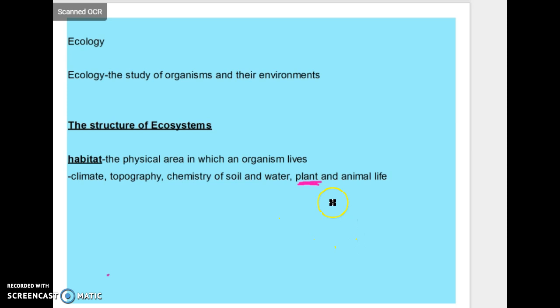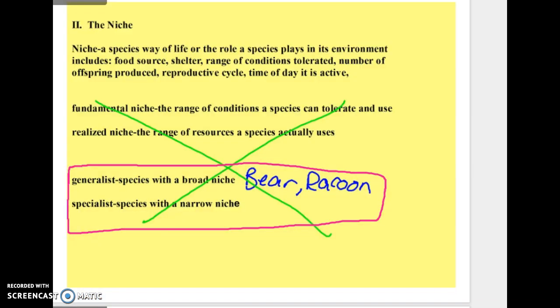And we always tend to lean toward the type of plants found in a particular habitat, because they really determine what kind of animal life can exist there. The plants are so important in determining what can live there by way of animal life.